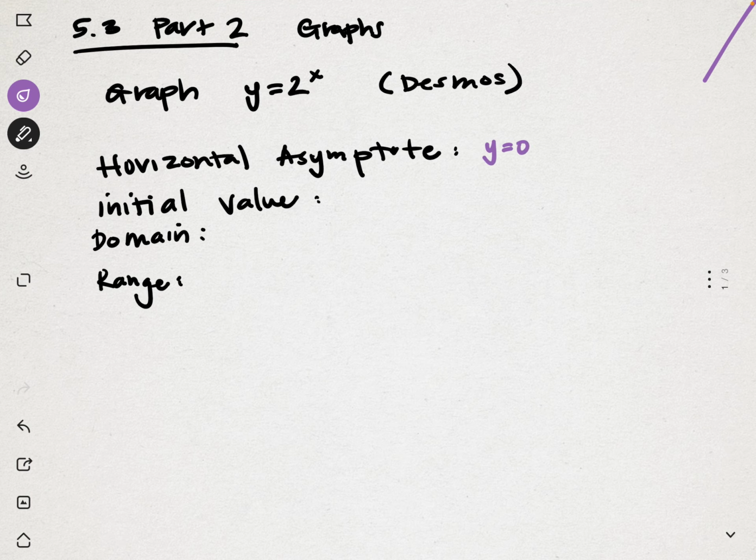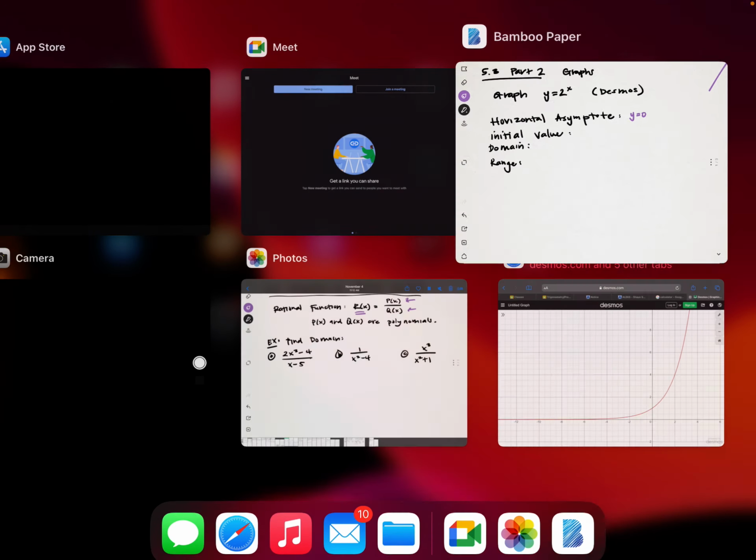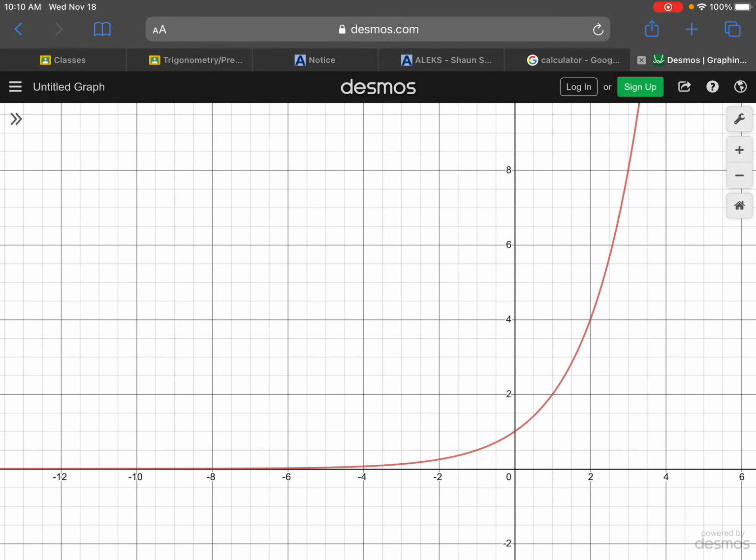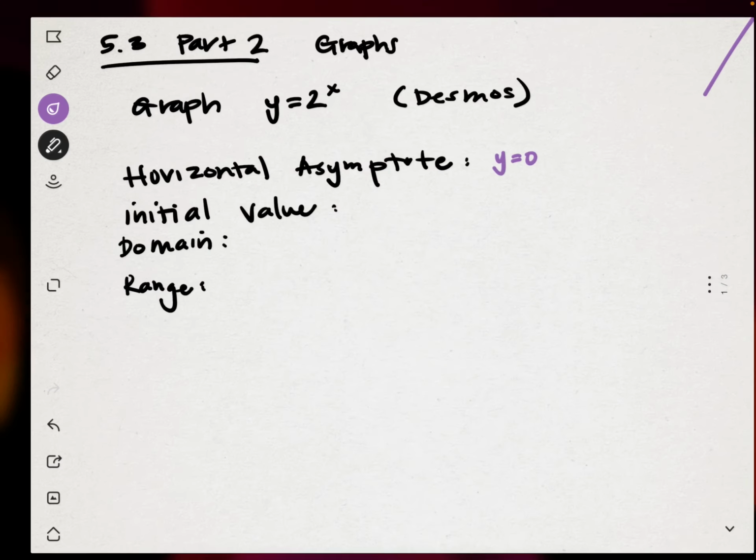If we look back on our graph, it gets ever and ever closer to 0 as we go to the left, but it never quite touches. Again, a reminder that horizontal asymptotes describe the end behavior. Following this towards the end on the left-hand side, it's getting closer and closer to 0. So our asymptote is at 0.